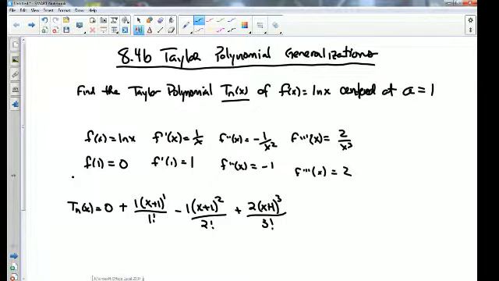We might need another term. Generalize that.